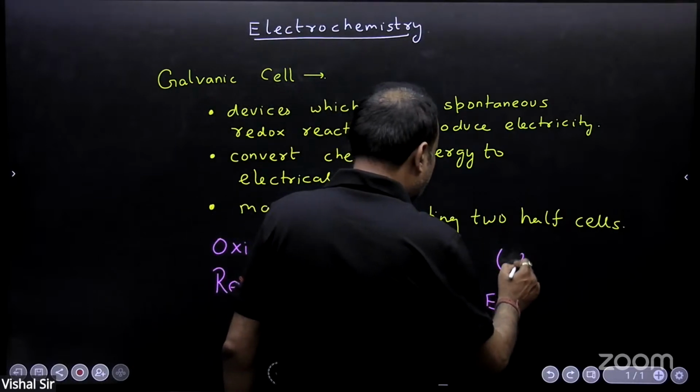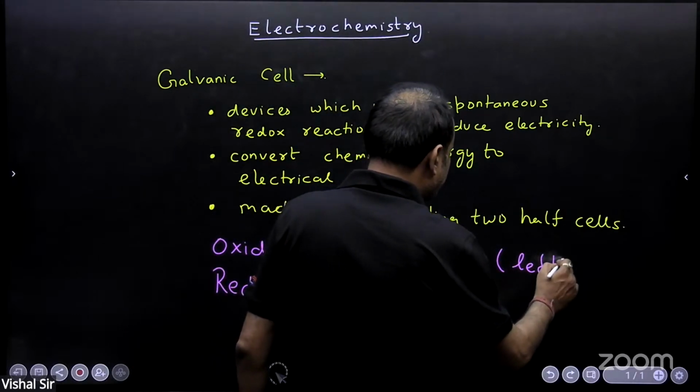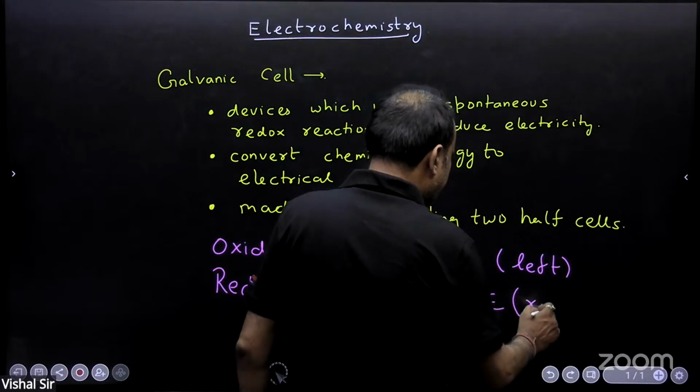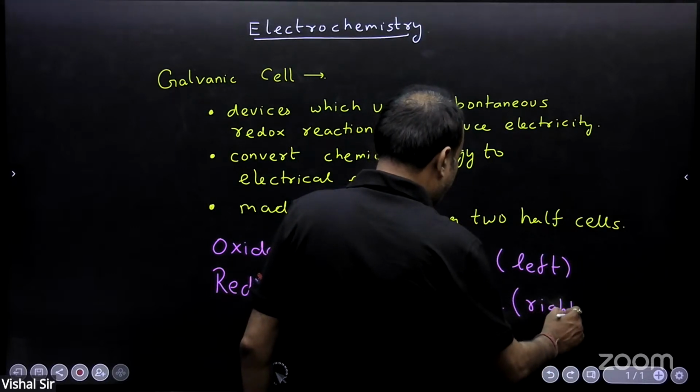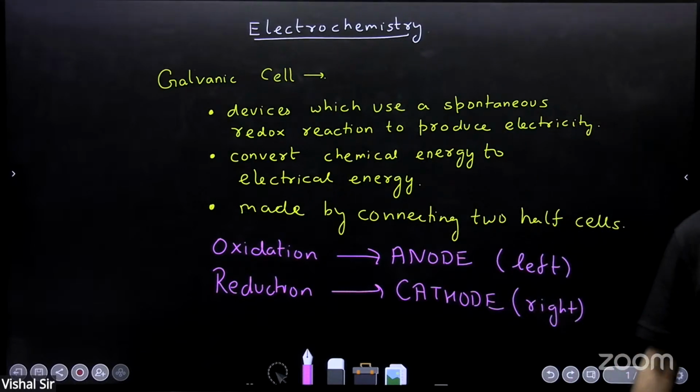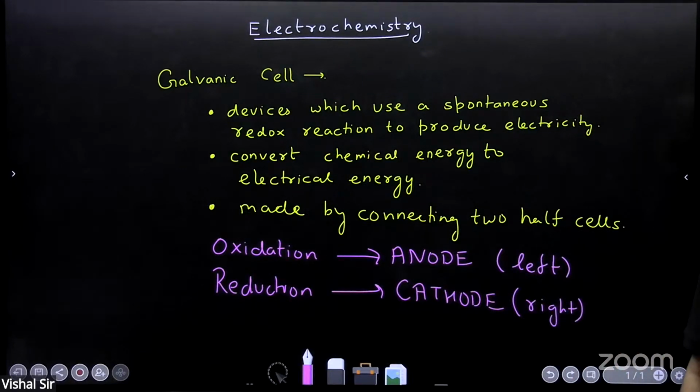And in our notation, anode will always be written on the left and cathode on the right. Okay.